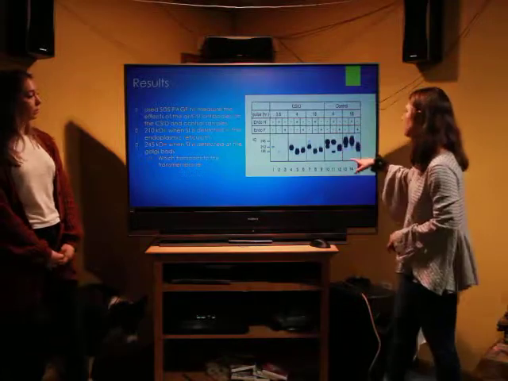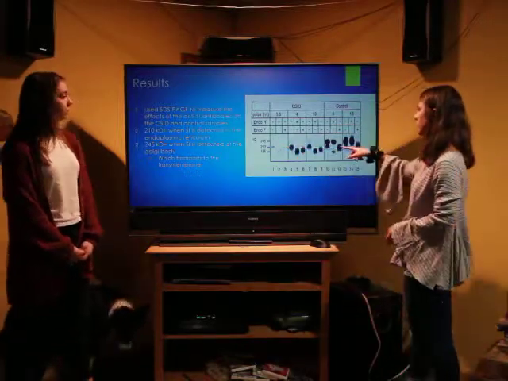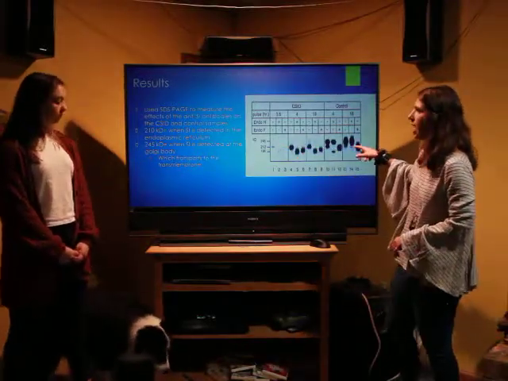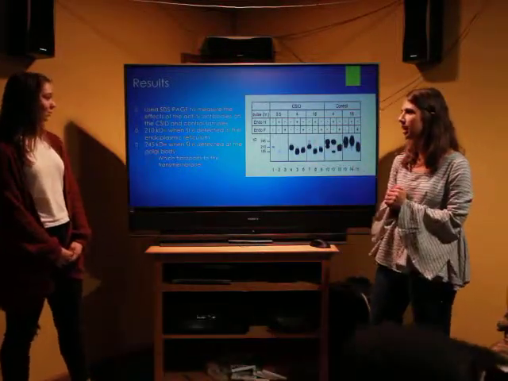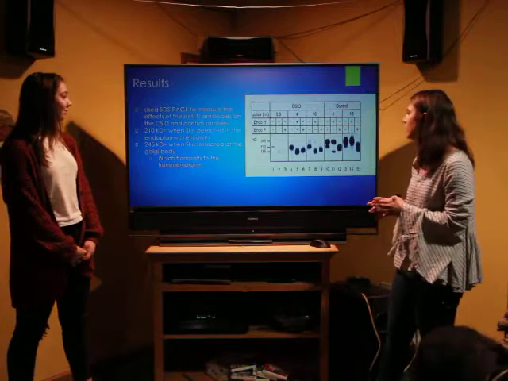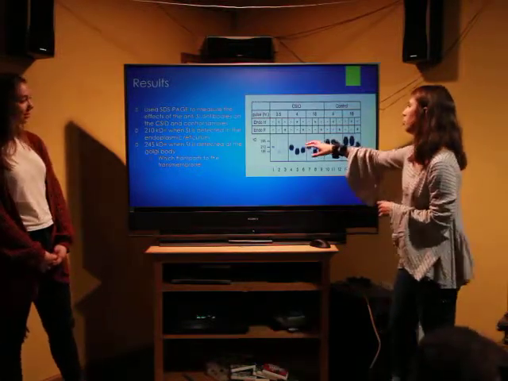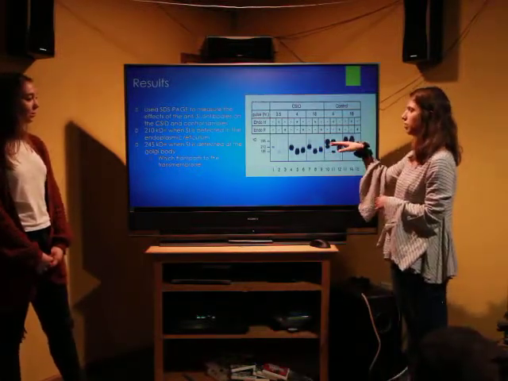So you can see in the control, they're all seen at 210. And then at 245, that's when it's detected in the Golgi body of the cell. And so you can see the control, they're all active at 245.